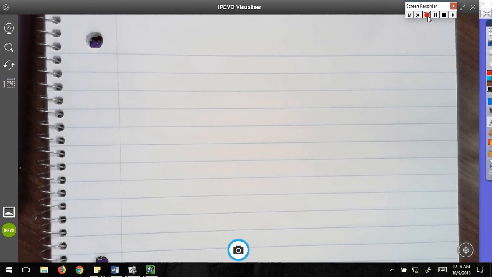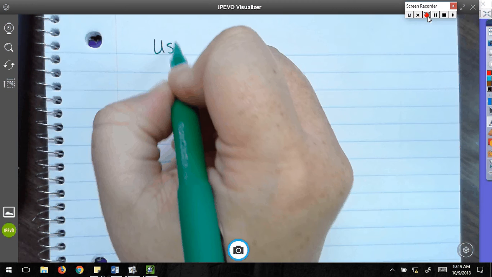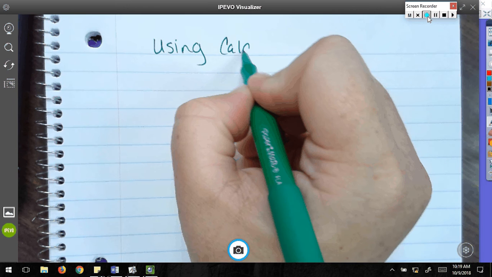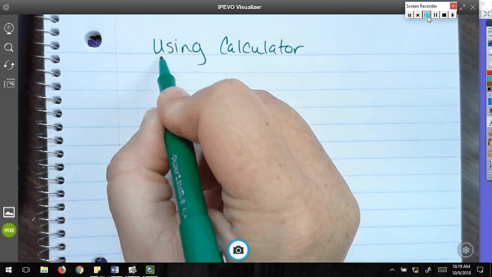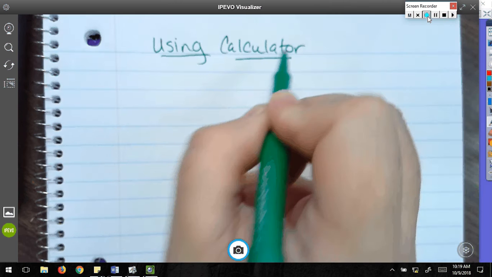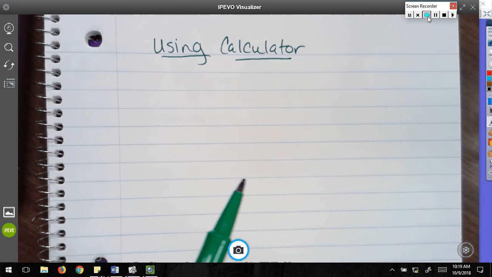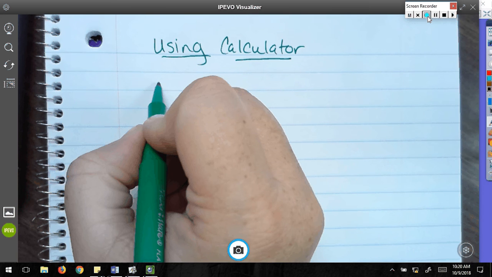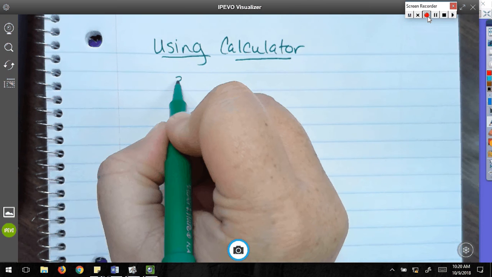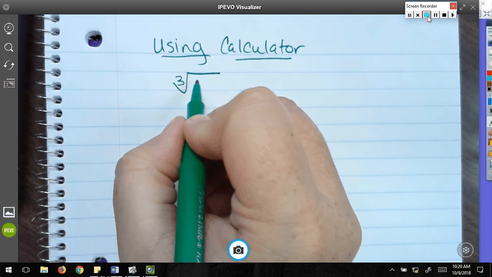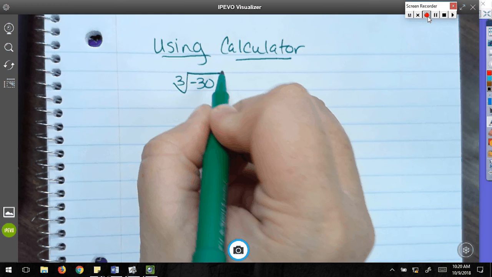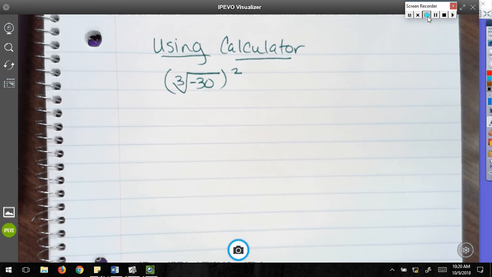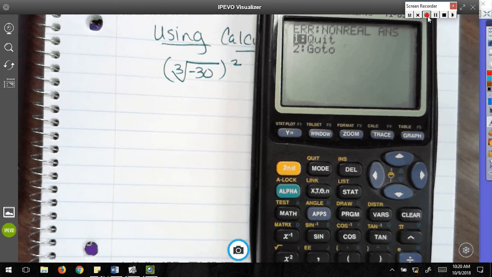You certainly can use your calculator for a lot of this. I do want to see your steps as you go through, and I want to see how you work. However, for some that aren't perfect roots, it's hard sometimes, so I ask you to evaluate and use a calculator when you do. Let me show you a quick example. If I've got the 3rd root of negative 30 to the 2nd power, first I do that 3rd root.